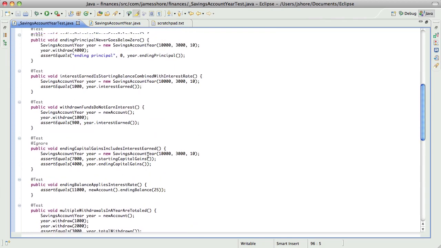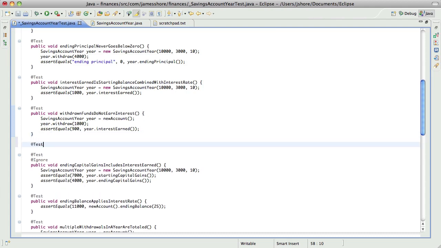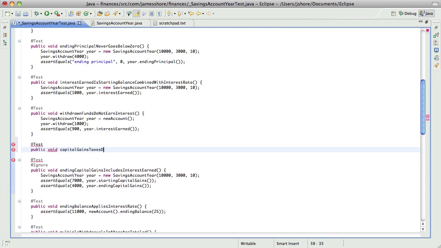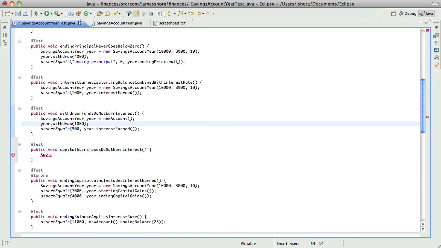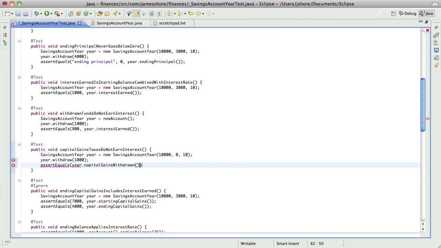I think what we want to say is withdrawn funds do not earn interest. And we'll also say that capital gains taxes do not earn interest. So savings. I'm not sure about this. So we're going to withdraw 1,000, which means that the capital gains withdrawn is going to be 1,000.